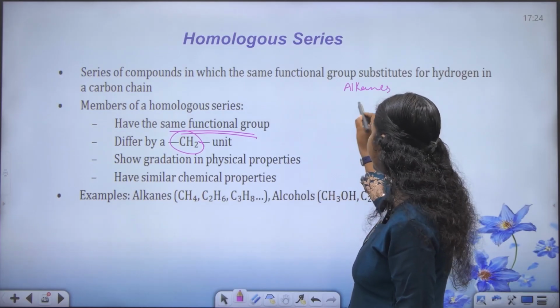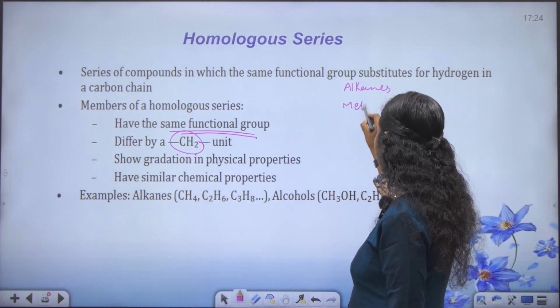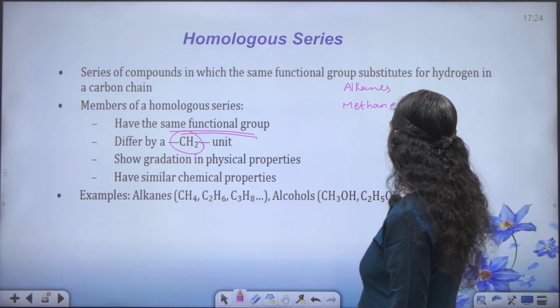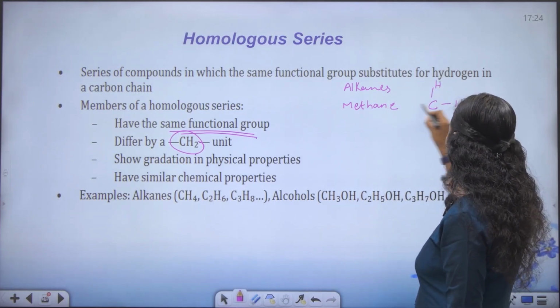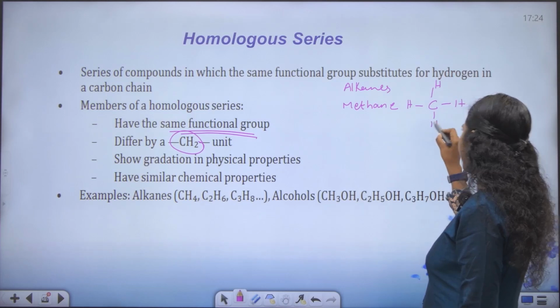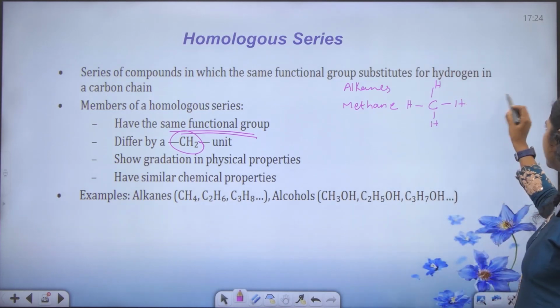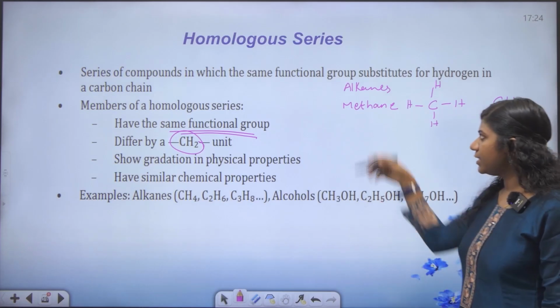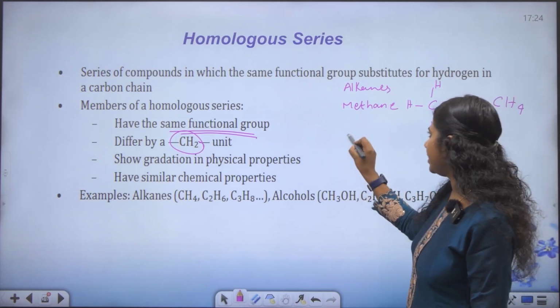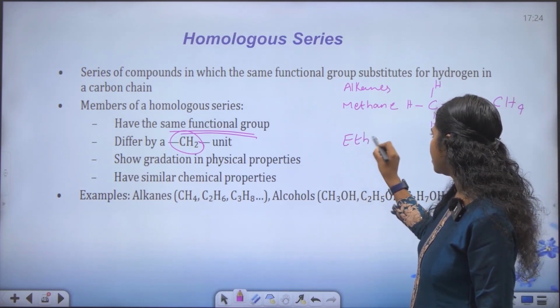Suppose alkanes. The first alkane is methane. Molecular formula is CH4. And the second member of the alkane series is ethane.